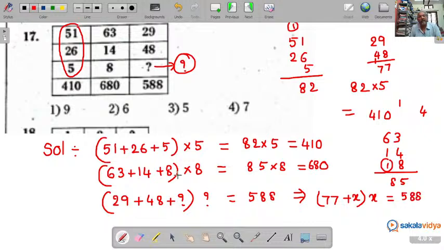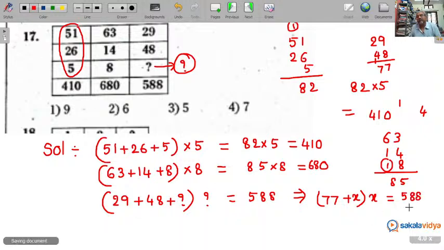Now, you need to check the options. You can check with the options now. See, if you put 9 here, 77 plus 9 is the first option. 77 plus 9 is 86. 86 into 9, 9 sixes are actually 54, you will be getting. First option eliminated.